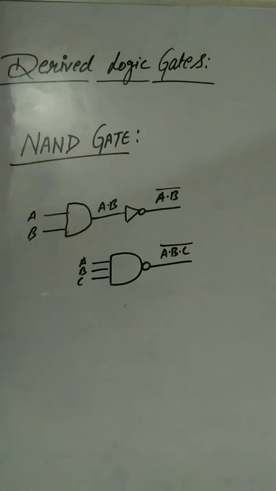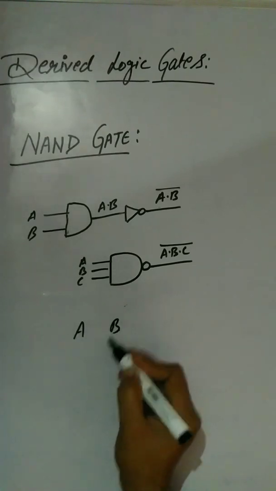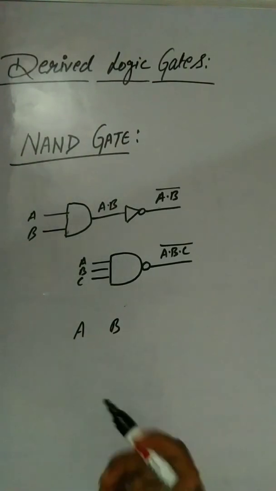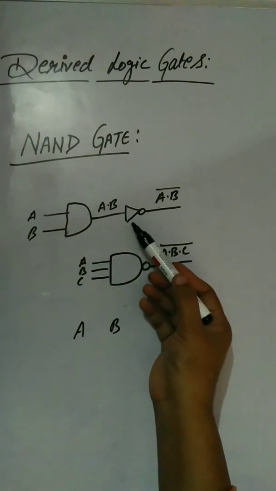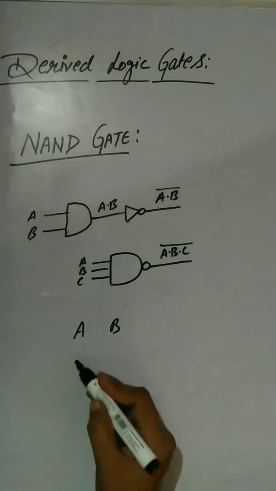Clear? It's a NAND gate symbol. If you want to see the truth table of NAND gate, it is just the reverse or opposite of the AND gate. Because it's a complement, the NOT sign is present, which means it just reverses the value.